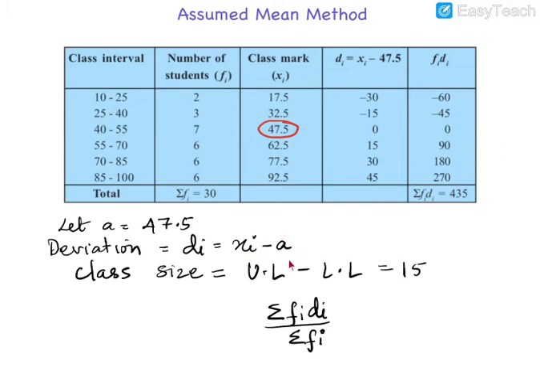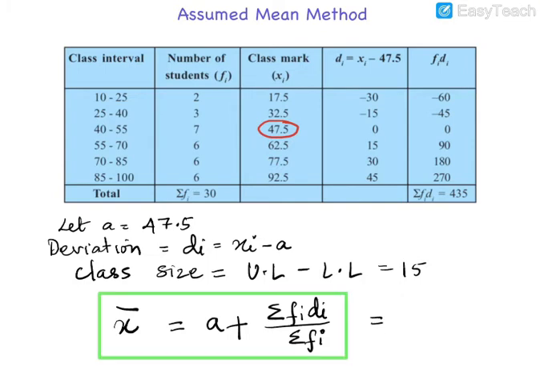Since we subtracted a over here, we will have to add a to this formula in order to get the mean of this given data. So the assumed mean formula will be a plus summation fi di divided by summation fi.